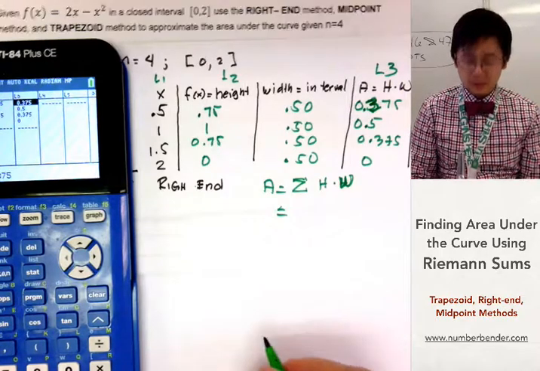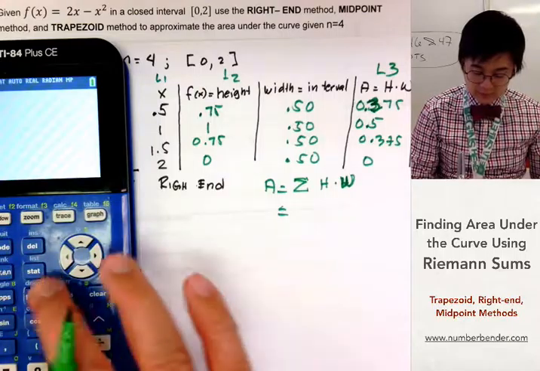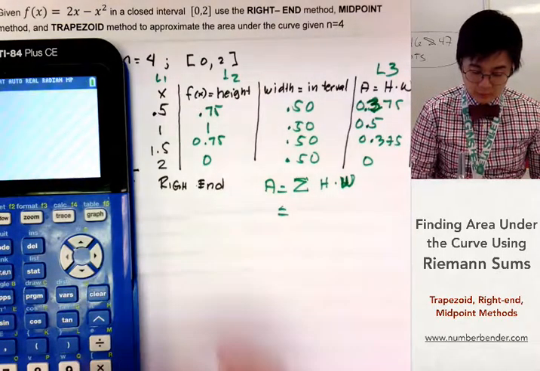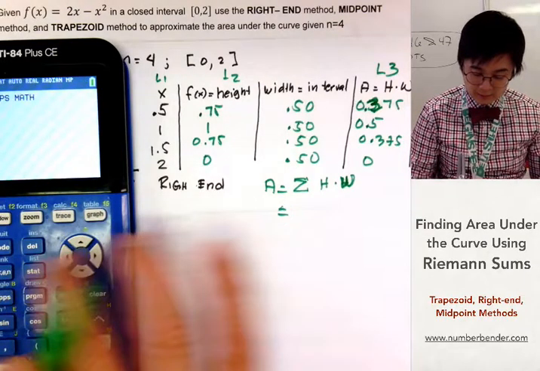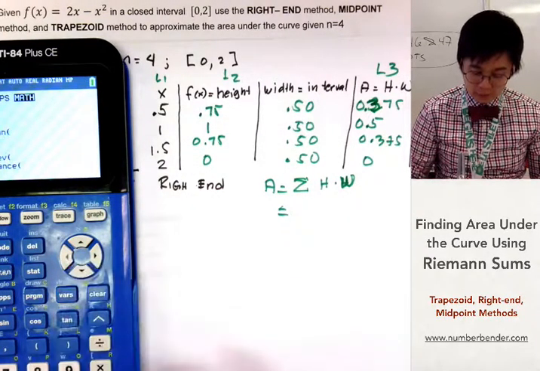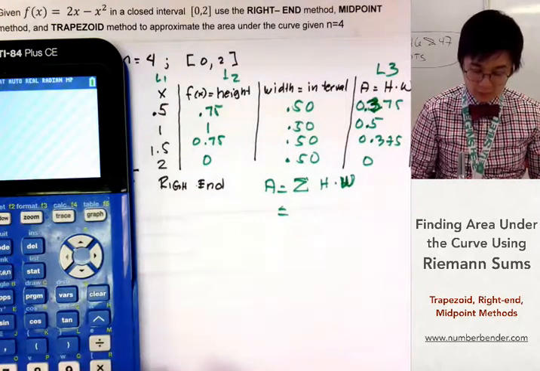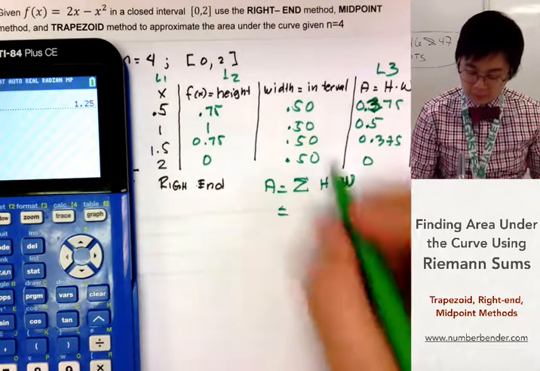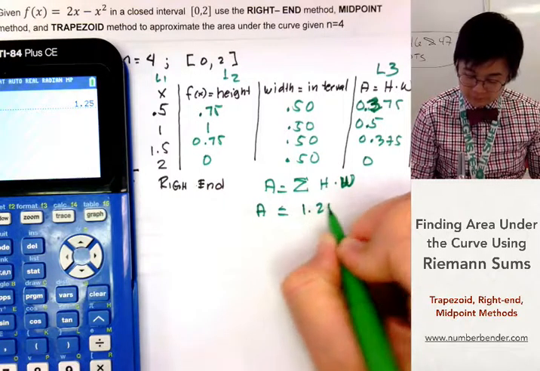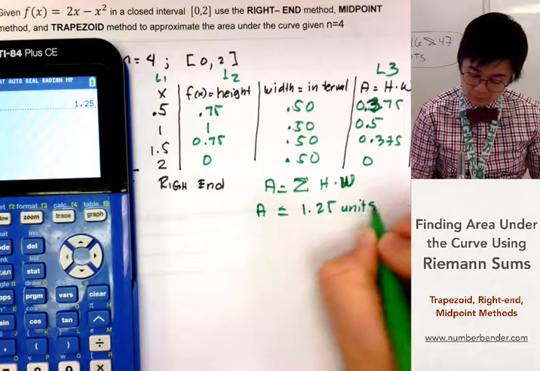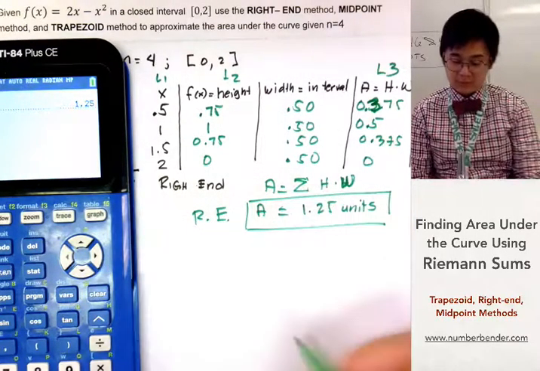So, kunin natin yung sum ni list 3 by doing second stat, list 1, kunin natin yung sum niya, second function stat, go to math, go to sum, and then kunin natin si list 3 by second function 3. At dito na ngayon yung area ng curve using the right end method.